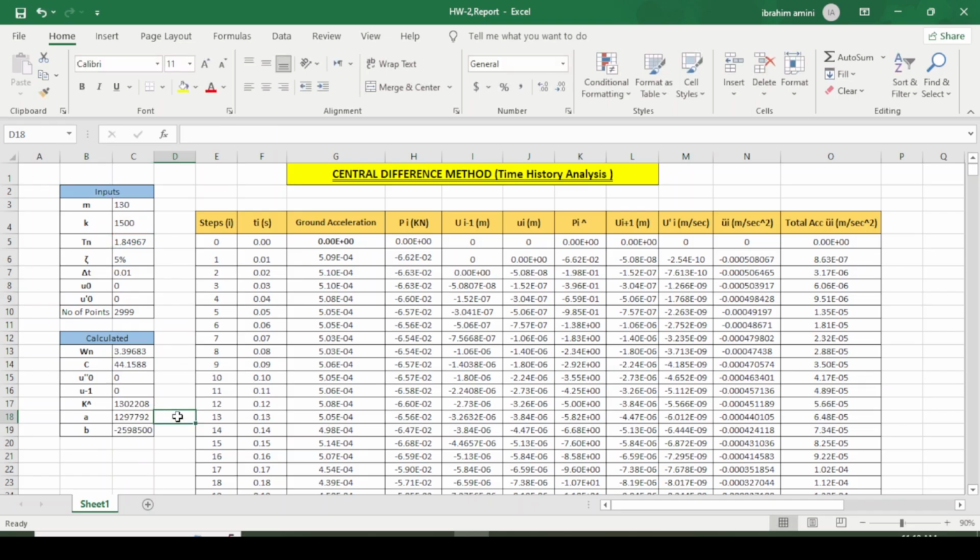After that we will have the acceleration, the initial acceleration which is 0, and the displacement is also 0, and the stiffness constant, which we will calculate from another formula.